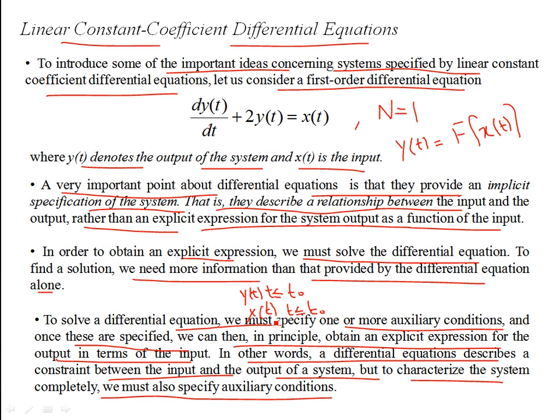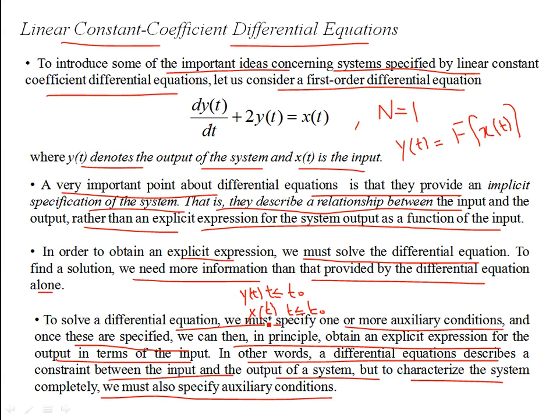It could be exponential, or there could be no input up to a certain instant in time t naught. If the system is at rest, let's assume x(t) is 0, then the output will also be 0, right? Zero input leading to zero output is a characteristic of a linear system.